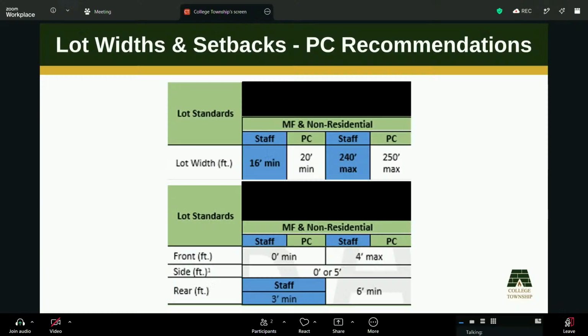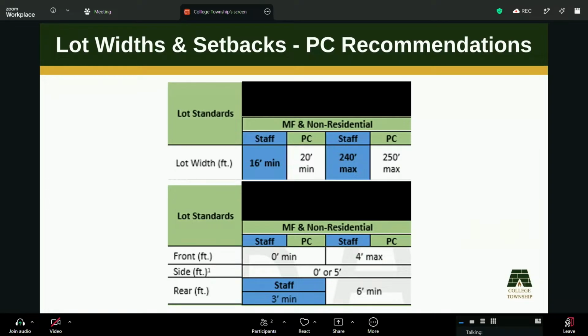But could I ask a question? It seems as though the staff blue is consistent in the second column as it was in the first column, except for height. Is there a reason why staff preferred fewer stories? Community context was the biggest thing. Here we show some shift from density differentiation, that was really the difference.